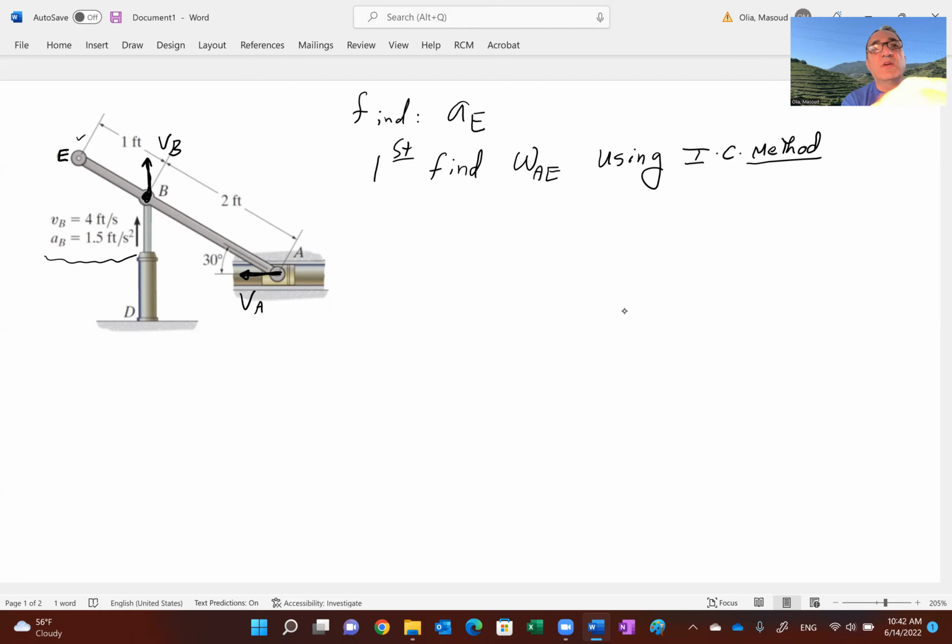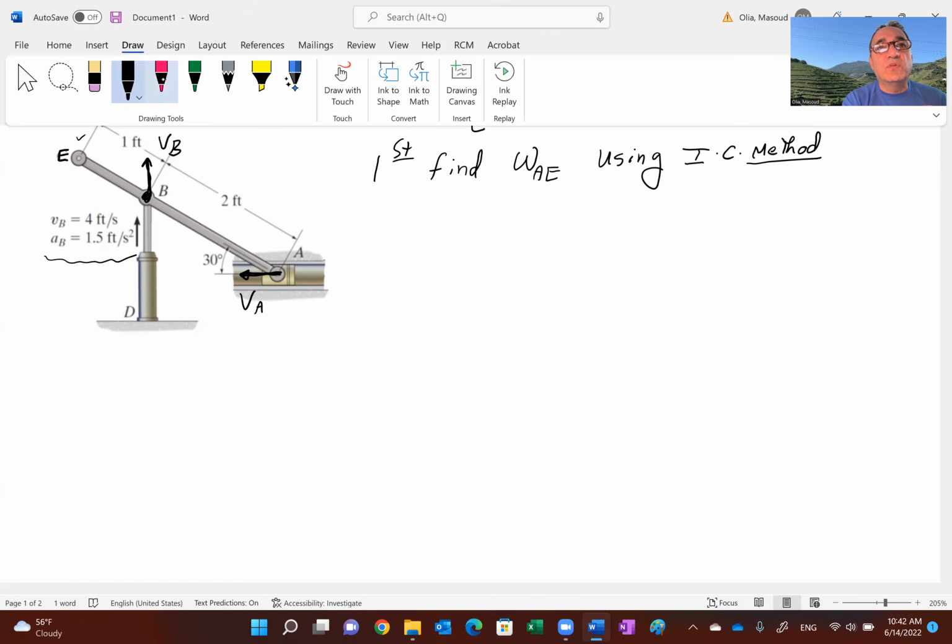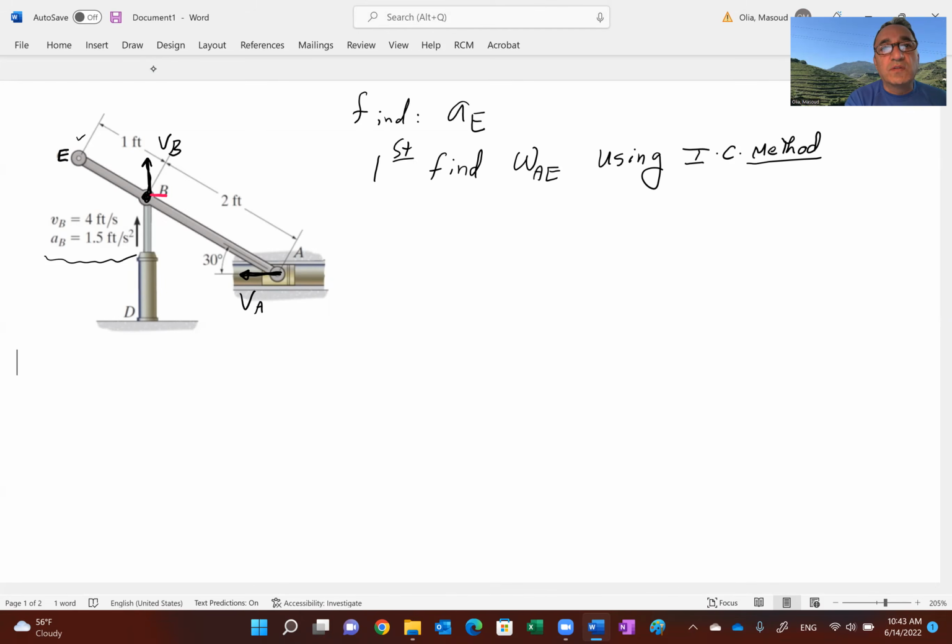So you know that if you have velocity of 2 points on the body, what do you do to find the instantaneous center? You draw perpendicular lines to these two velocities, to velocity of B at point B and to velocity of A at point A, right? The point of intersection, I'm just going to call it C for center, and that becomes the instantaneous center.